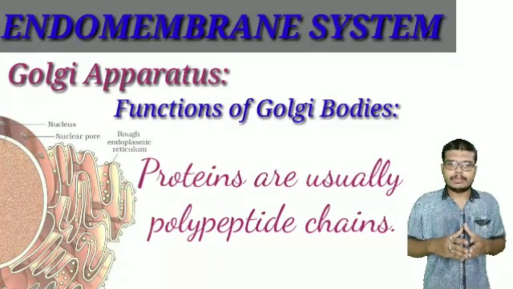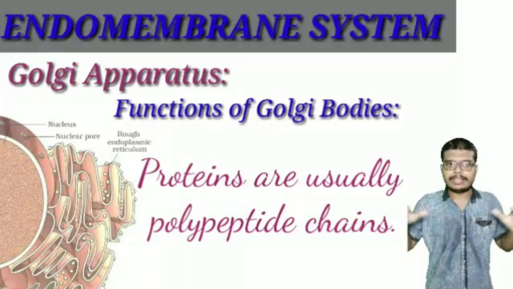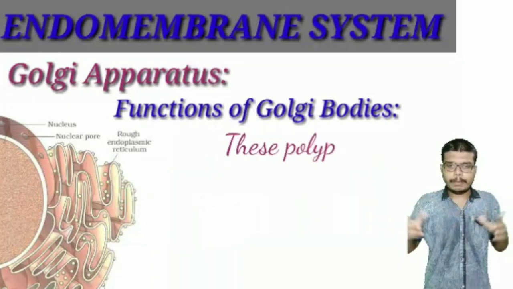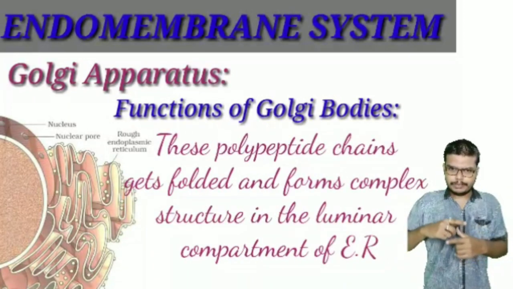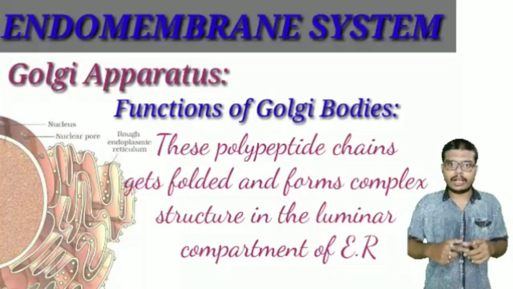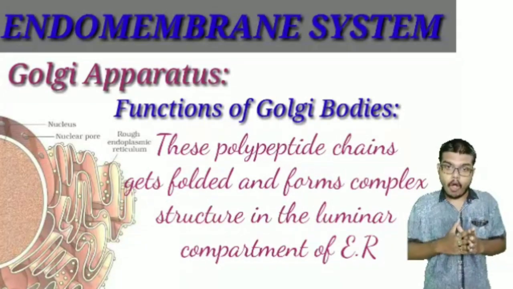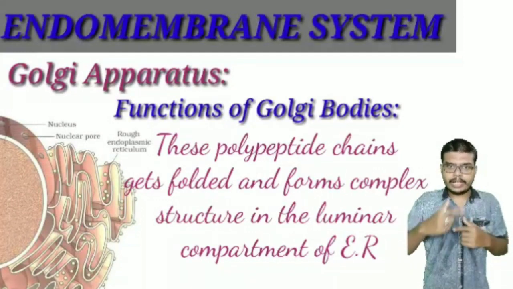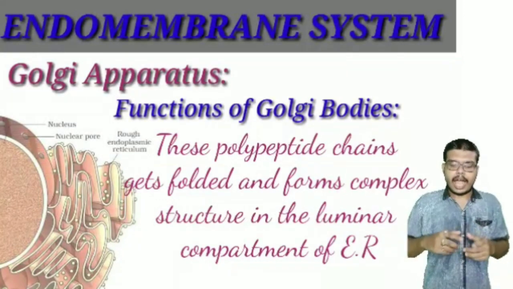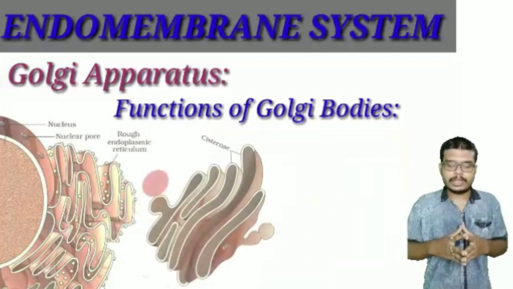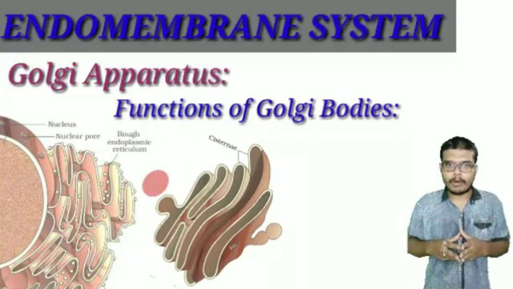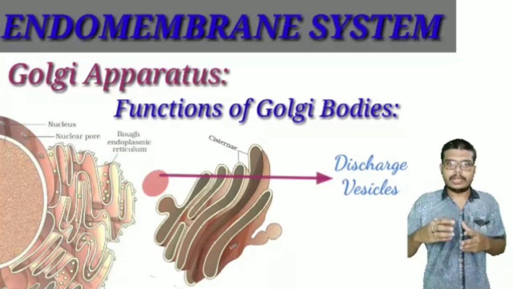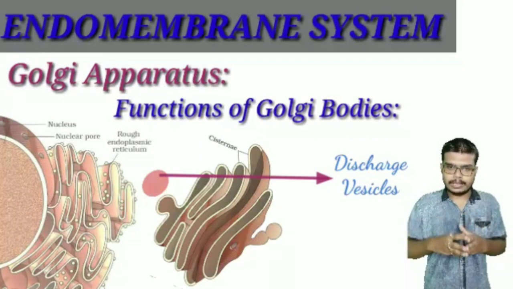These proteins are usually polypeptide chains. These polypeptide chains enter the luminar compartment of the endoplasmic reticulum and are folded inside it, and these folded proteins are released from the endoplasmic reticulum in the form of vesicles.